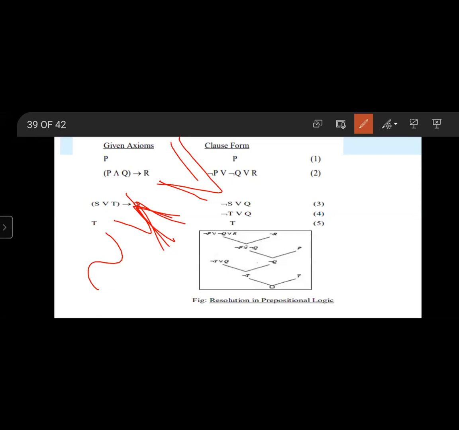That means not of A and B is equal to not A or not B, and not of A or B is equal to not A and not B. Use the distributive law to get CNF: A or B and C is equal to A or B and A or C. Eliminate implies and equivalence by using the following equations: A implies B is equal to not A or B, and A equivalence B is equal to A implies B and B implies A.